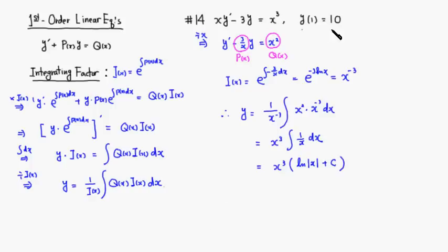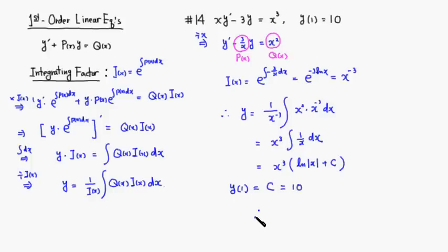Let's use the initial condition to find c. y of 1 is equal to, 1 cubed is 1, natural log of 1 is 0, so it's actually just plus c, and this is supposed to be 10. So c is 10.